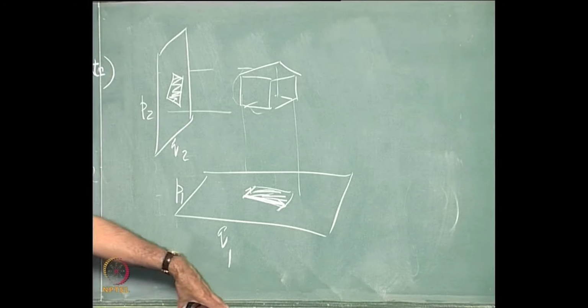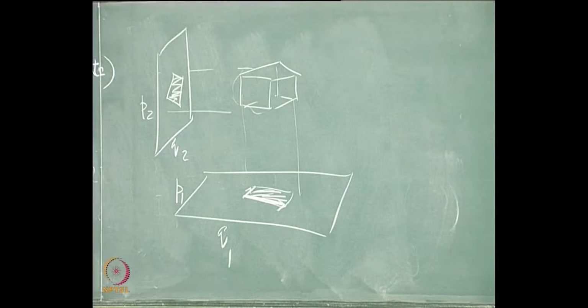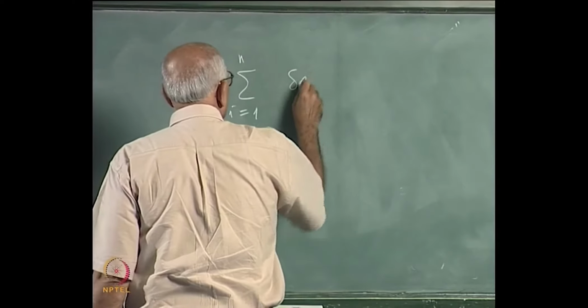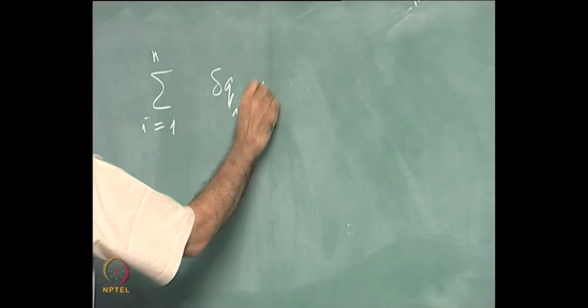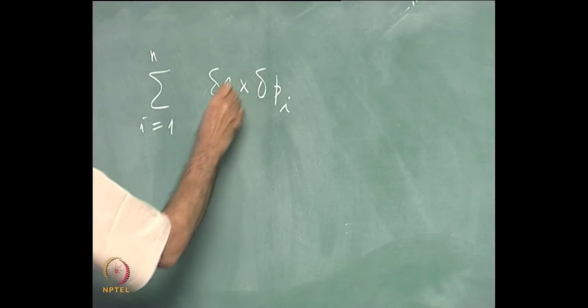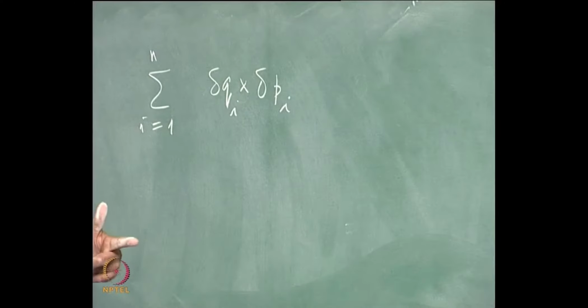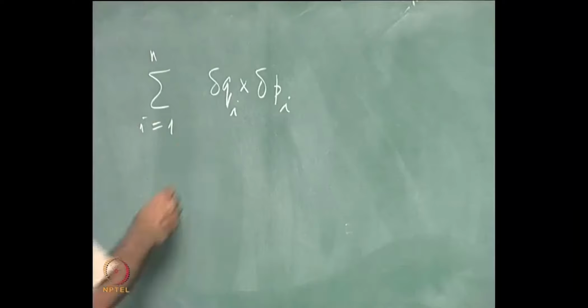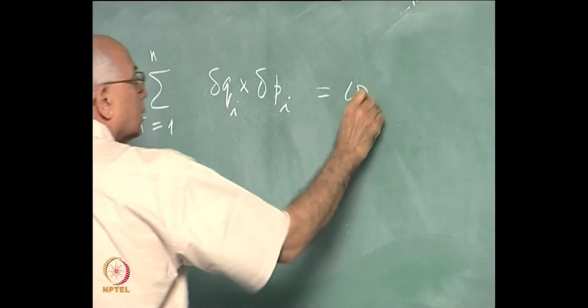So schematically it says that under a Hamiltonian flow a summation from i equal to 1 to n delta Qi delta Pi, and this is a cross product in the sense of a parallelogram, the area of a parallelogram being written as a cross product of the two vectors defining the sides of it, that quantity is equal to a constant.